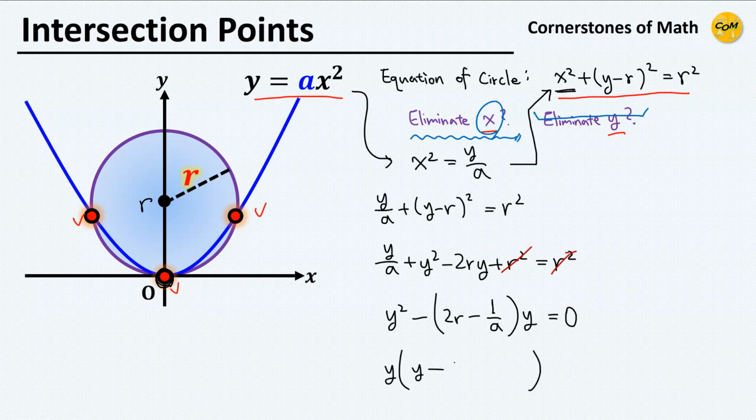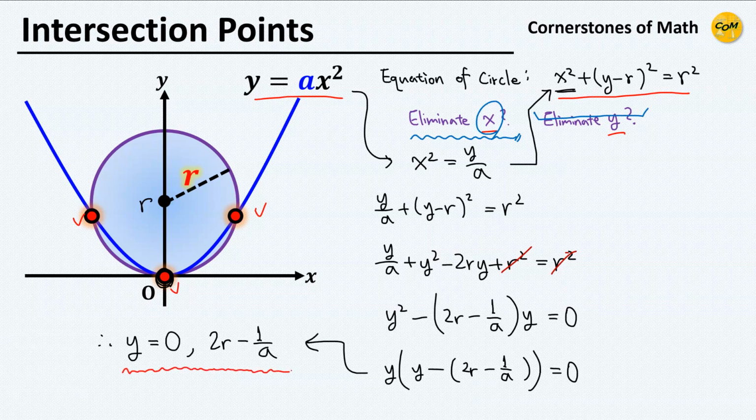And we have y minus (2r minus 1 over a) equals 0, which gives y equals 0 and 2r minus 1 over a. Here y equals 0 obviously means the origin, and the other value means that this y coordinate is 2r minus 1 over a.